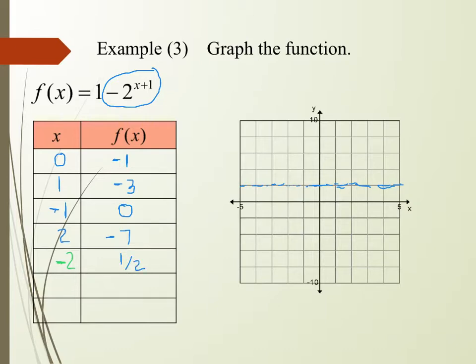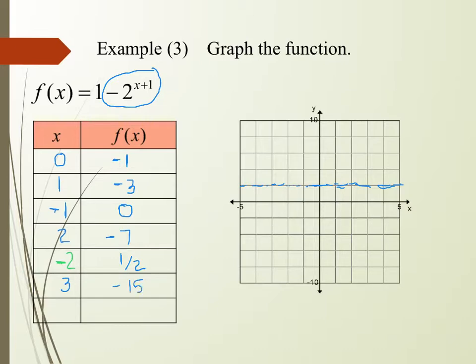And so we can see with 3, I'm going to get 3 plus 1, which is 4, and 2 raised to the 4th power is a negative 16. So this is going to be a negative 15.